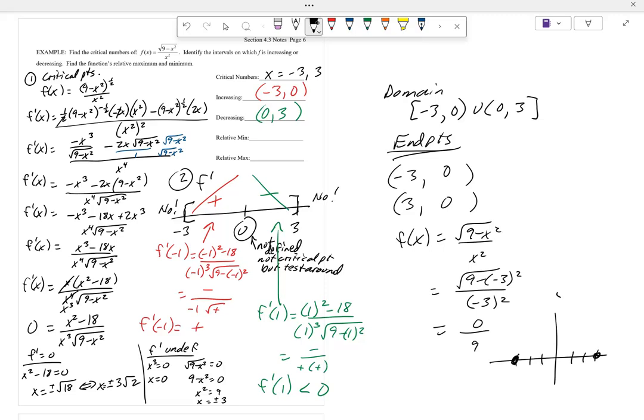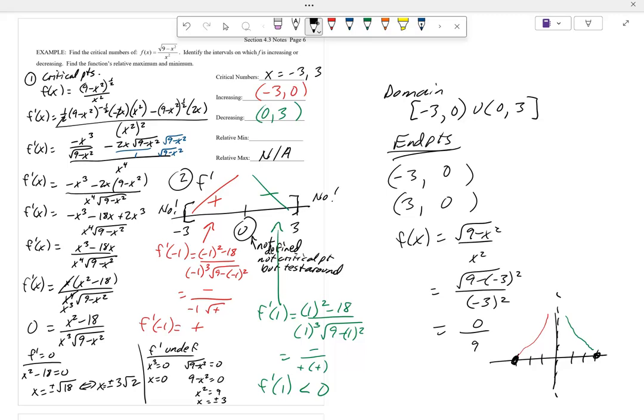It's not defined. There's a vertical asymptote at 0, but I increase. And I don't know what the increasing looks like, but I'm increasing. This function is increasing, and then we're decreasing, right? So no relative max, but we do have minimums.